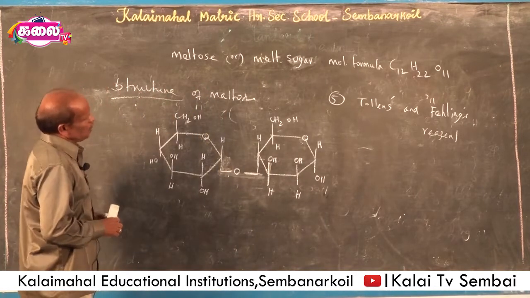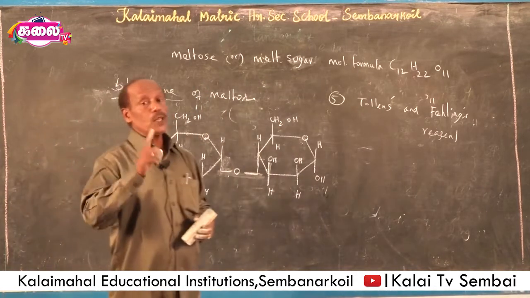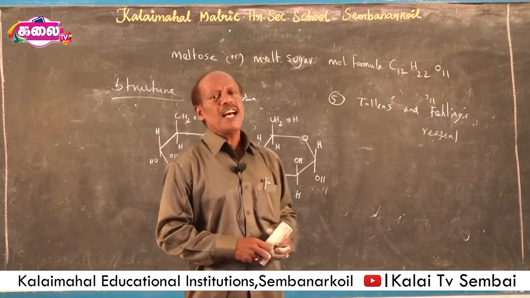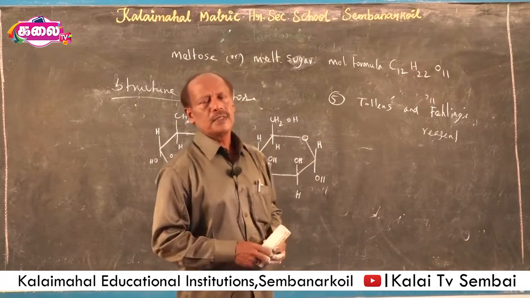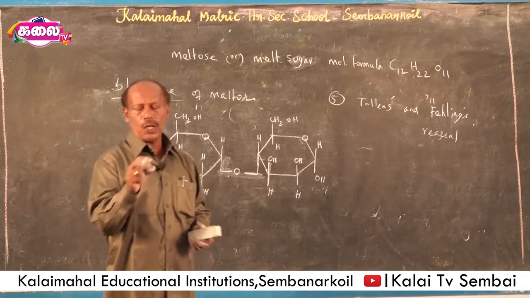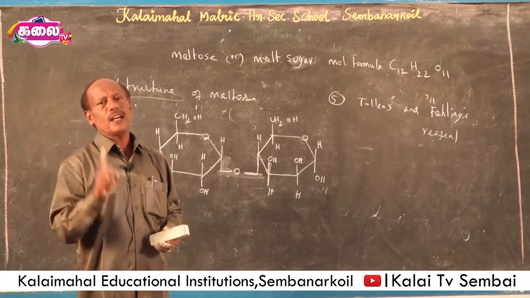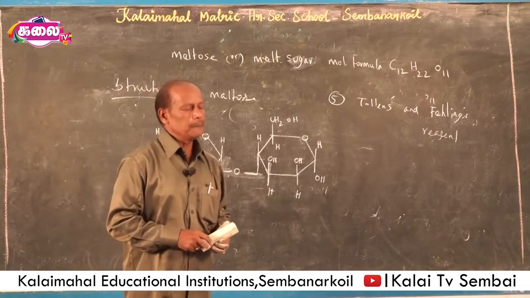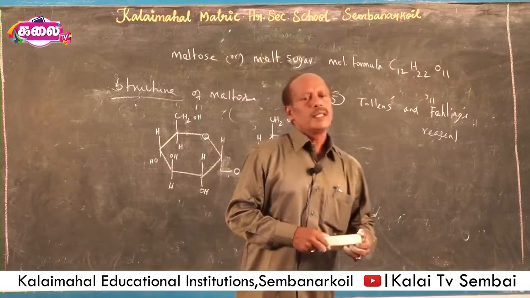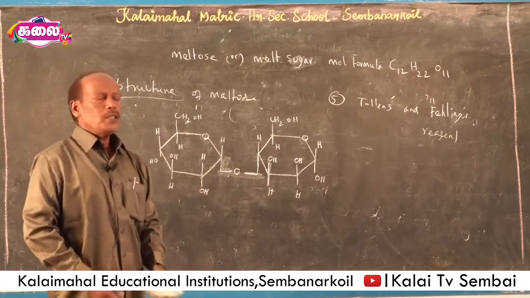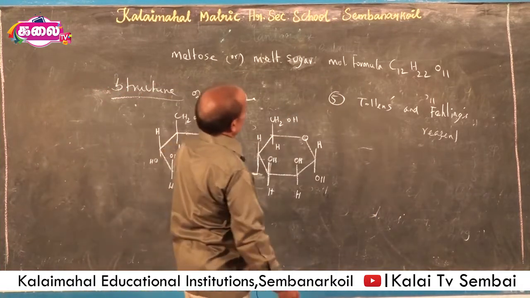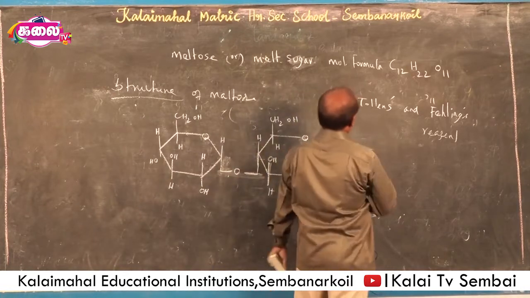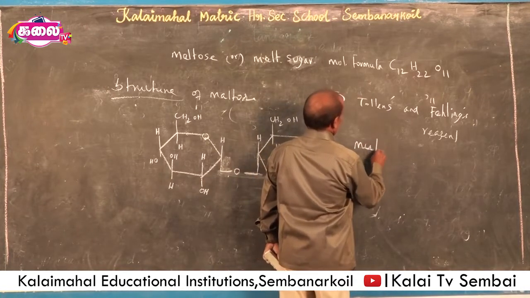Since maltose reacts with hydroxylamine in a 1:1 ratio, this is a valid proof for a molecule containing only one carbonyl function. Okay. Then maltose undergoes mutarotation.